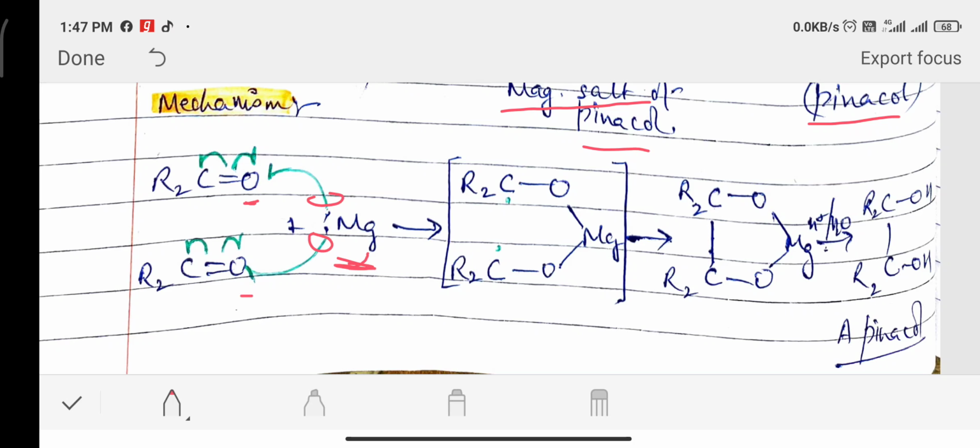And here the pi electrons of the double bond can be shown as two electrons, of which one moves to this side and one moves to that side, and this electron and this one electron form a bond. Similarly on the other side this is formed, and then these single electrons further form a bond, and this cyclic intermediate is formed, which upon hydrolysis gives this diol.